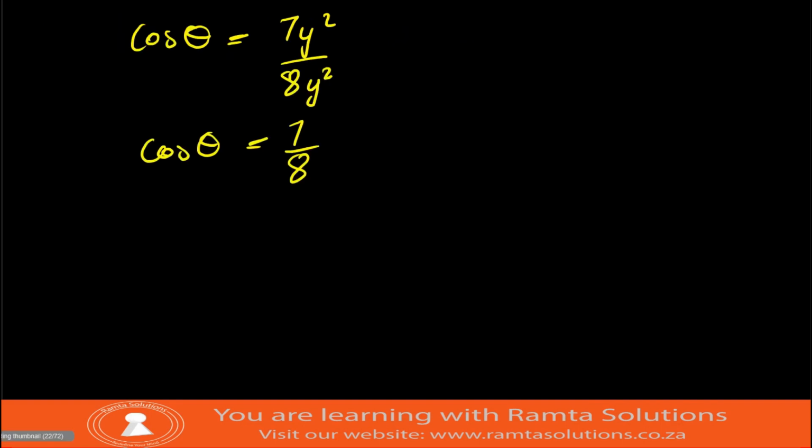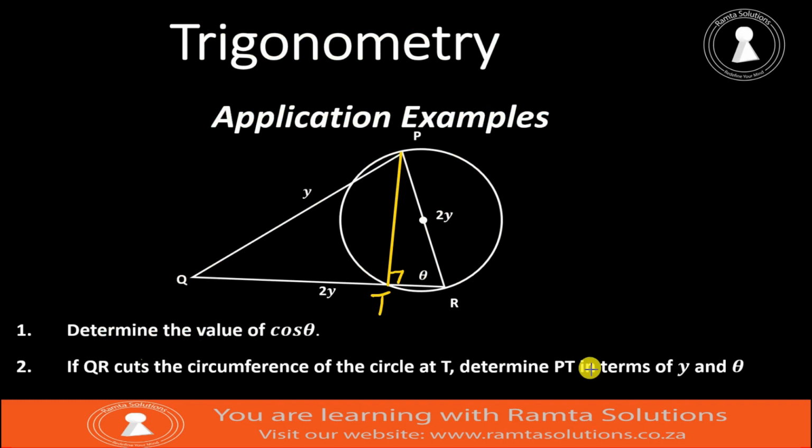So we are looking for side PT. I have angle theta here, and I'm also given a side here. Because this is a right angle, the side opposite the right angle will be the hypotenuse. If I'm looking for PT, it means I will be using sine, because PT is opposite the angle.